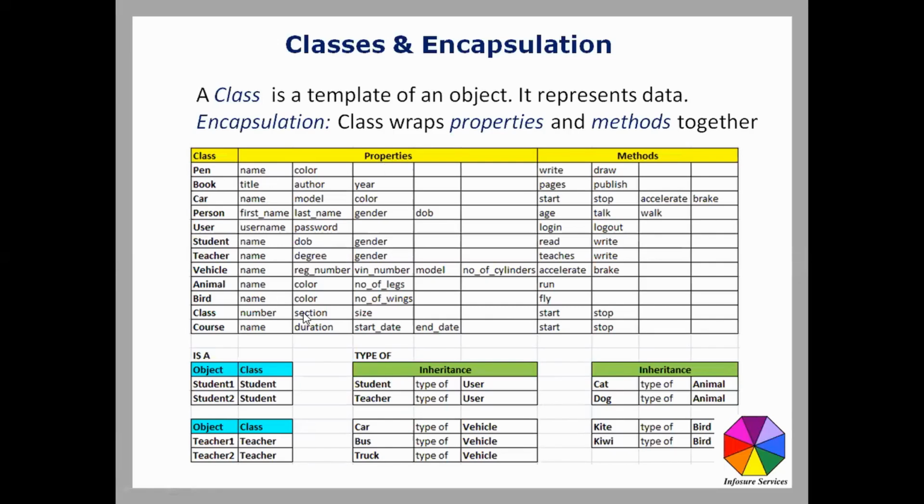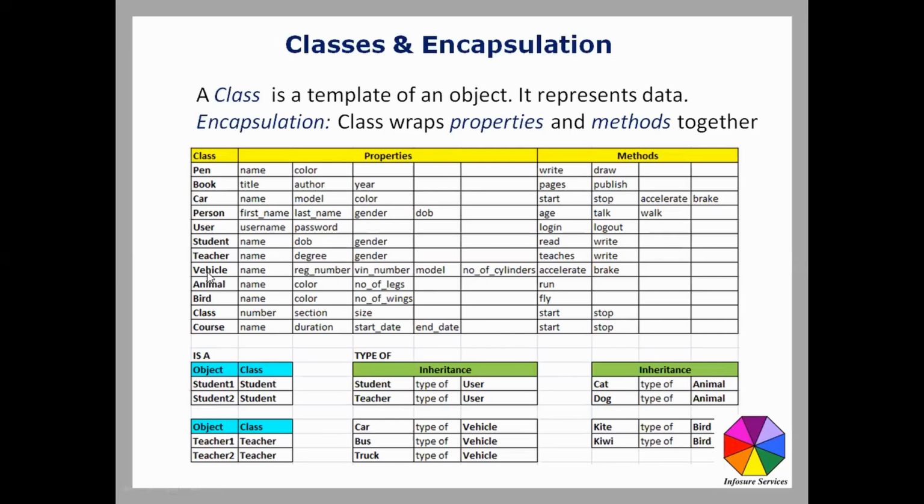I've put the list of properties against each. A pen could have a color, and methods like write and draw. A book could have title, author, year as properties, and methods like pages, publish. A car could have name, model, manufacturer, color as properties, and start, stop, accelerate, brake as methods. A user has username, password, with methods like login, log out.